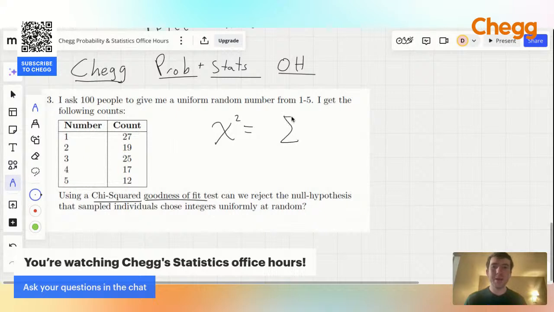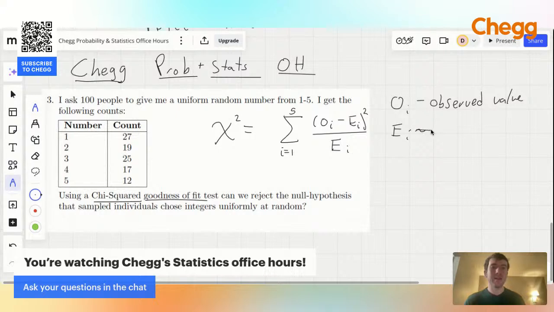It's the sum over all the possibilities, so that's i equals 1 to 5 of the observed value, O, minus the expected value, E, squared, divided by the expected value. So O_i is the observed value. E_i is the expected value.